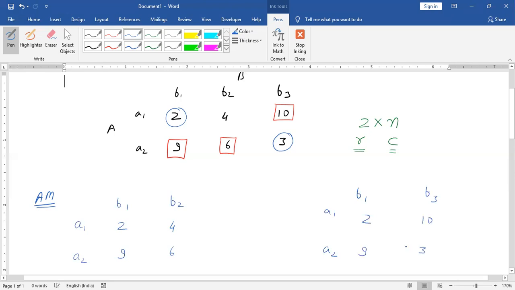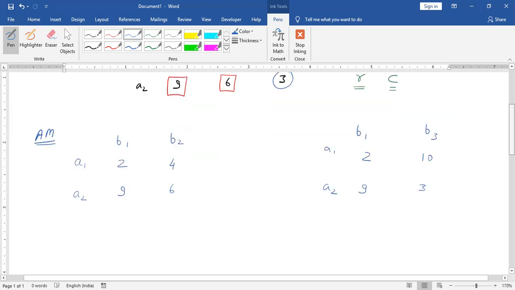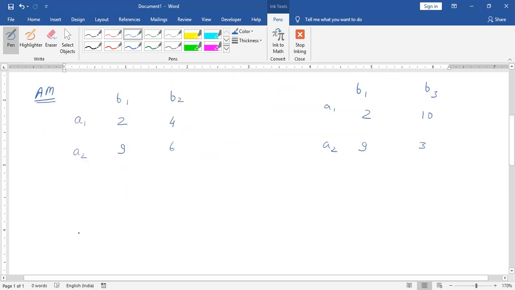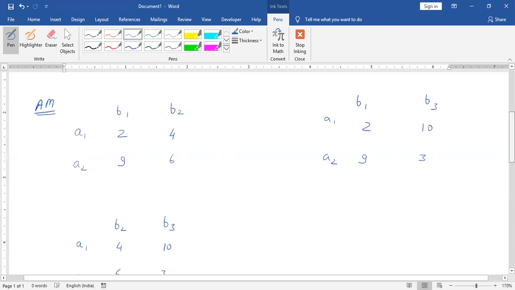My third combination is A1, A2, B2, B3: that is 4, 6, and 10, 3. So we have three different combinations of the above 2 by 3 matrix.